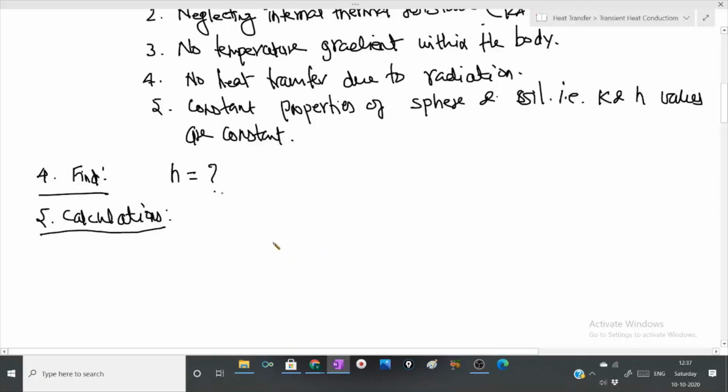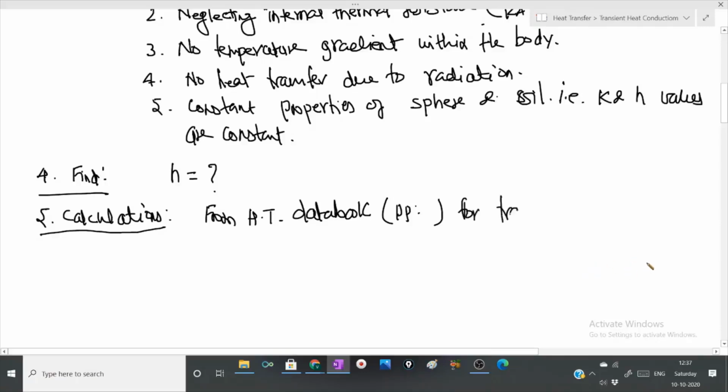Now the very first method that comes to my mind to solve a transient problem is lumped parameter analysis. First, let us recall from the heat transfer data book. I am not writing the page number, because it varies from data book to data book.